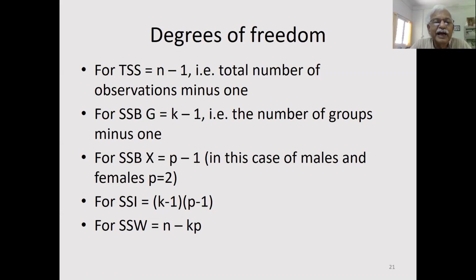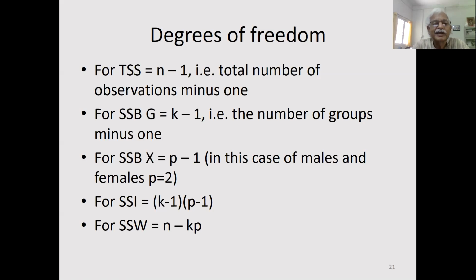And if you add degrees of freedom for gender and urban and also interaction and subtract them from the total, then you get sum of square within degrees of freedom, which is n minus kp.